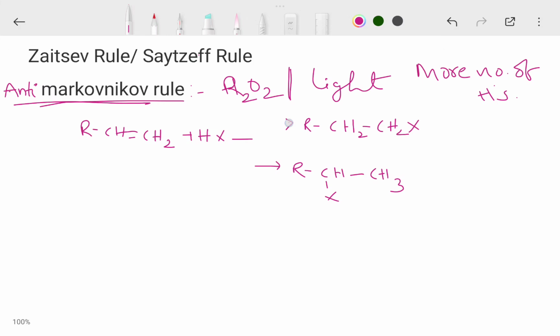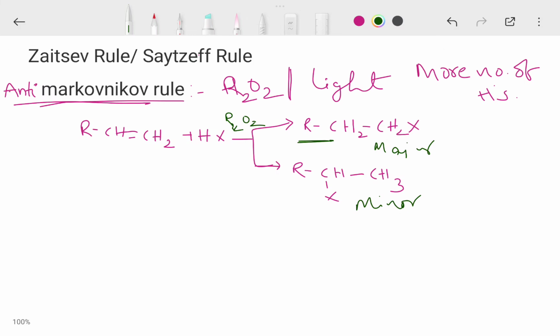In the presence of peroxides, R2O2, this one is the major product and this one is the minor product.